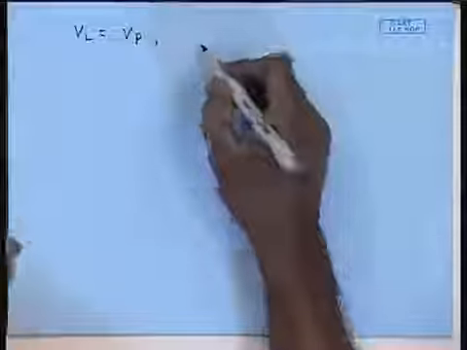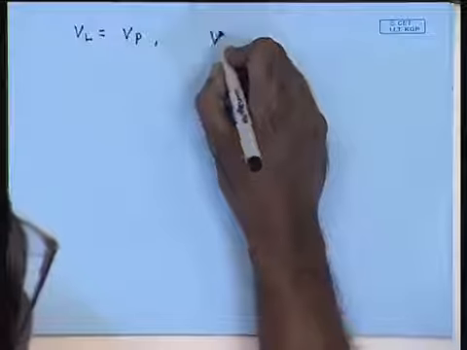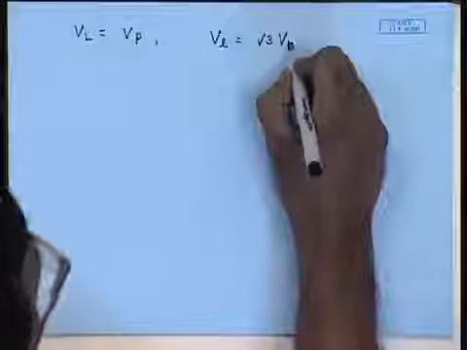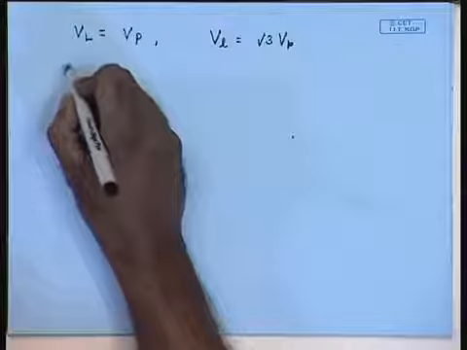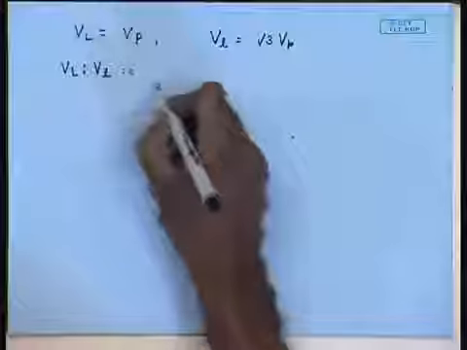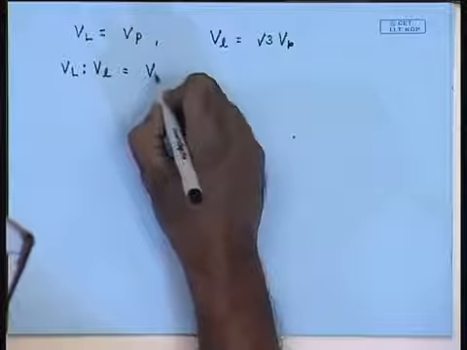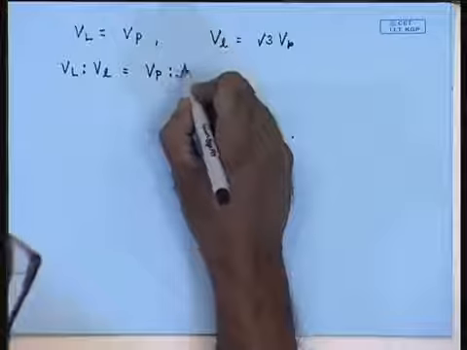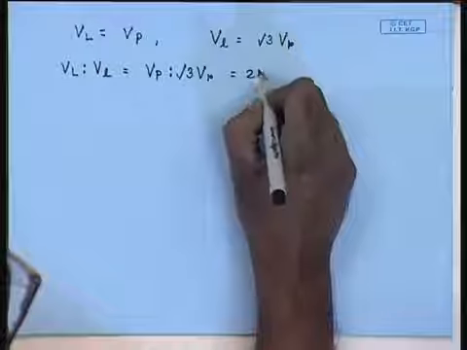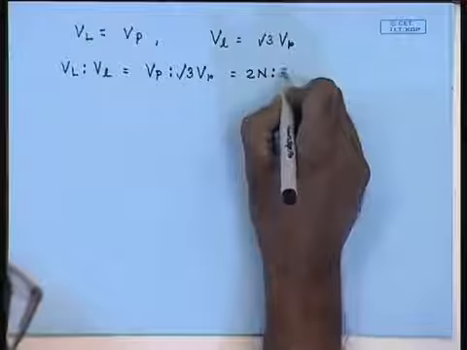So, on the low voltage side VL equal to root 3 Vp, therefore, we have VL is to vL equal to Vp is to root 3 vp, which will be equal to 2n is to 3.